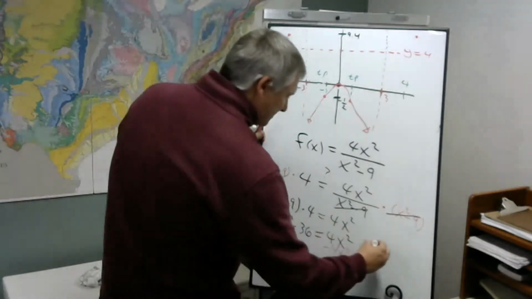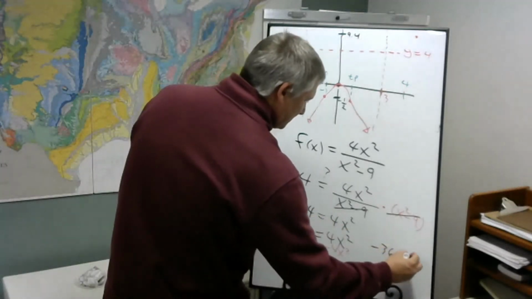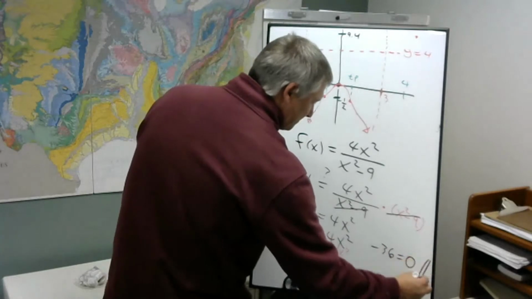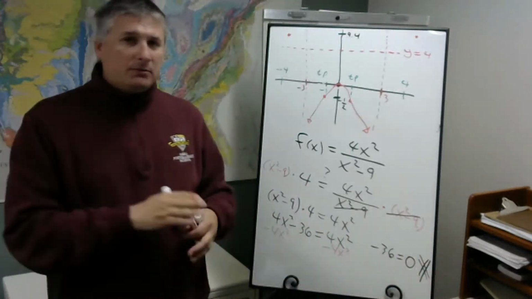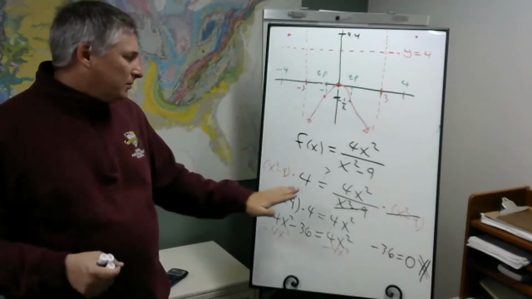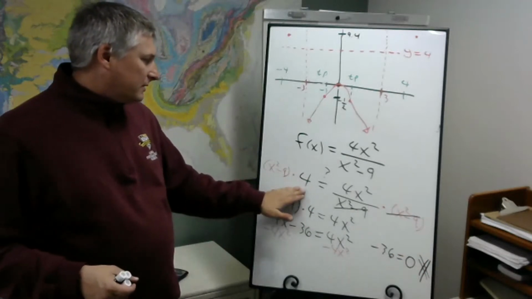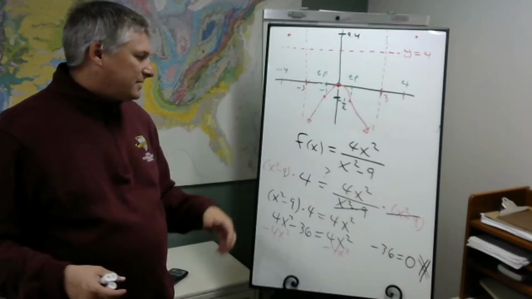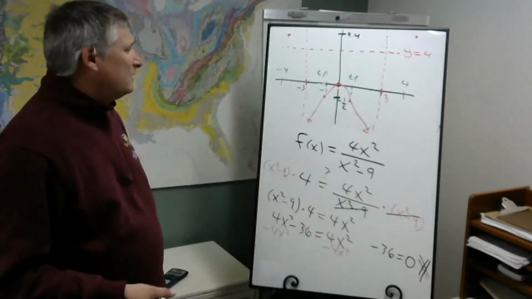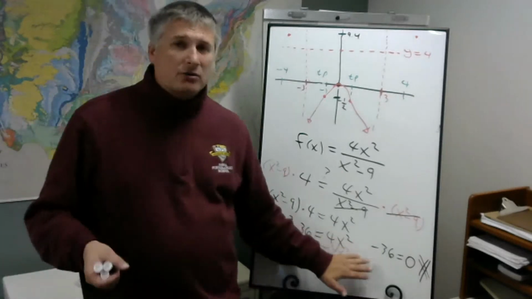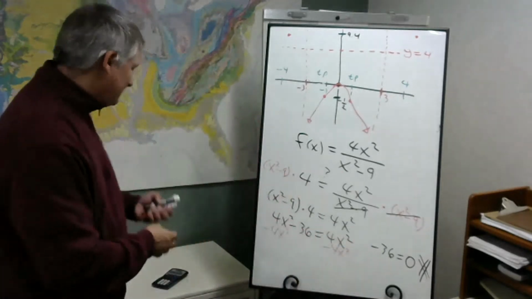What we'll end up getting is negative 36 is equal to 0. And that, of course, is not possible. So the only way for 4 to equal f of x is to have negative 36 equals 0, which is impossible. So that means this does not cross the horizontal asymptote.